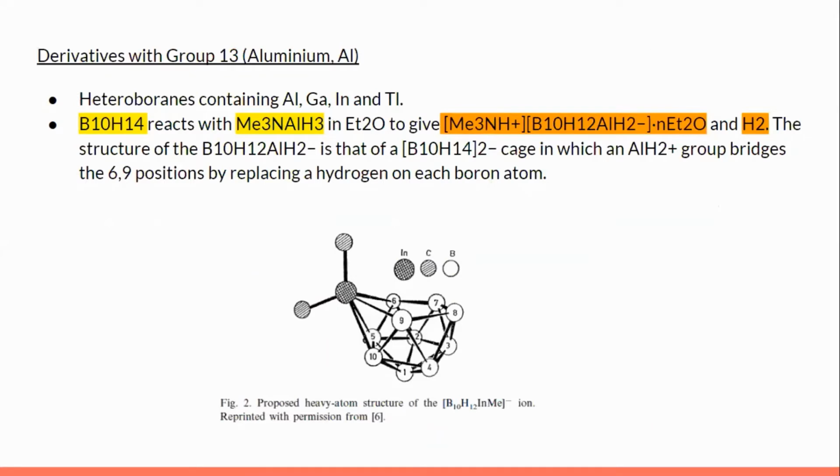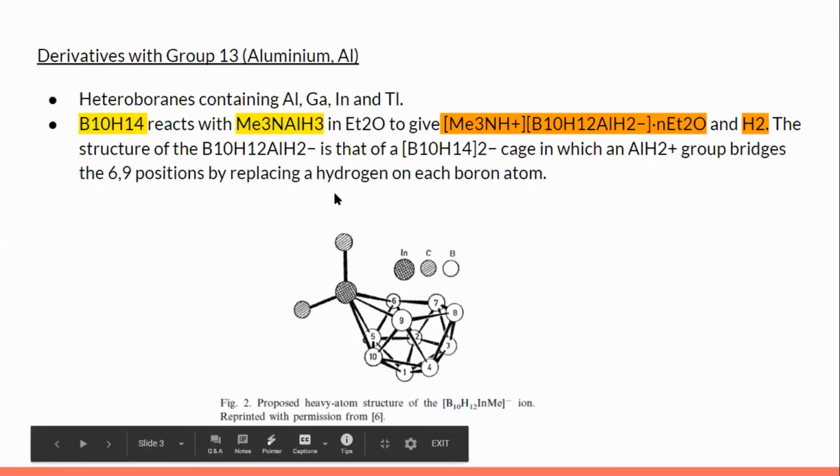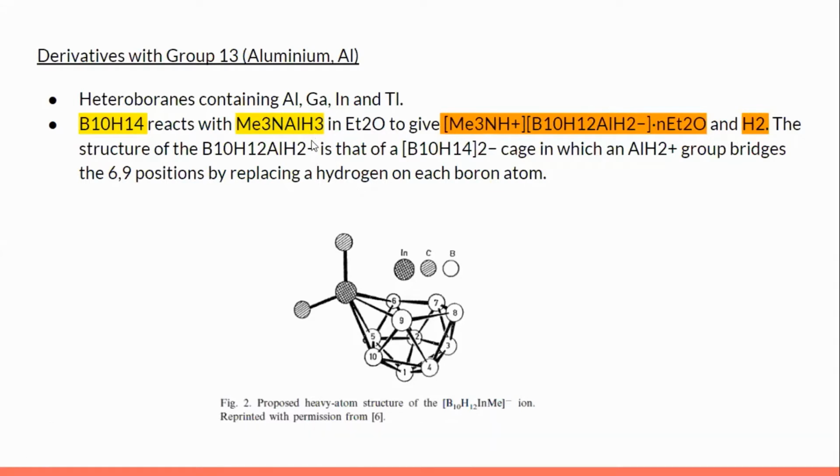Now we are going to see an example of a derivative from each group. For group 13, the derivatives are heteroboranes that can contain aluminium, gallium, indium, and thallium. I will show you the example for aluminium as the derivative for this heteroborane.